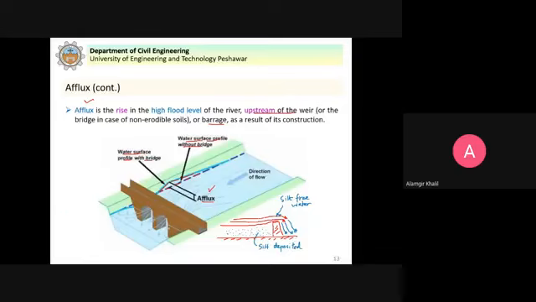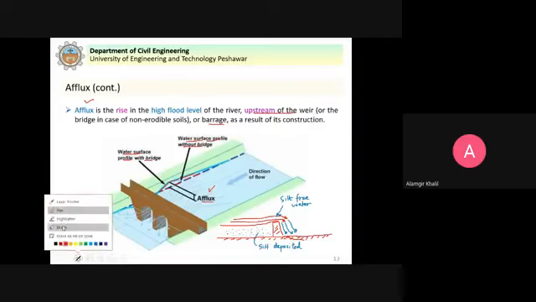So it will pick the sediments from the river bed downstream, and this will result in progressive lowering of the river bed level. So with the passage of time, this bed level will lower.